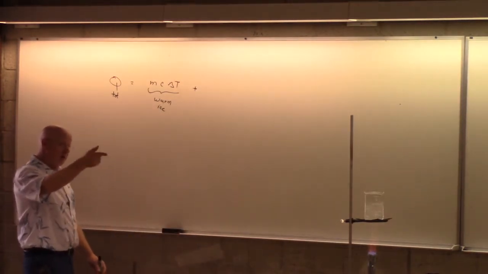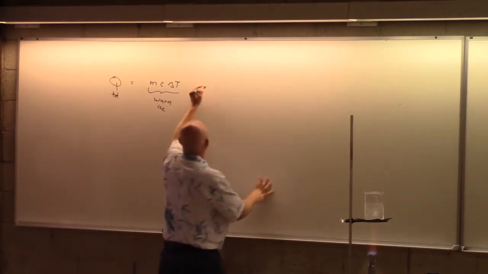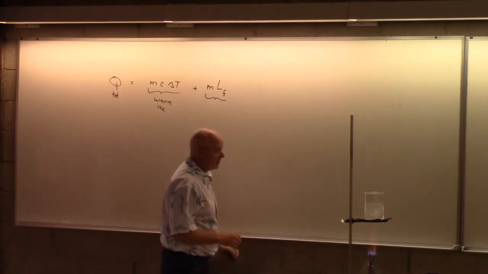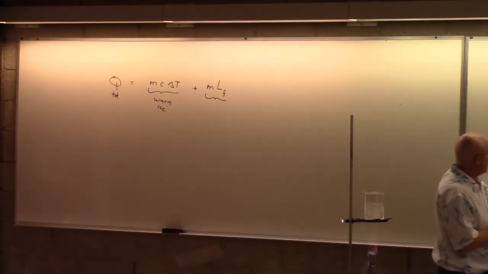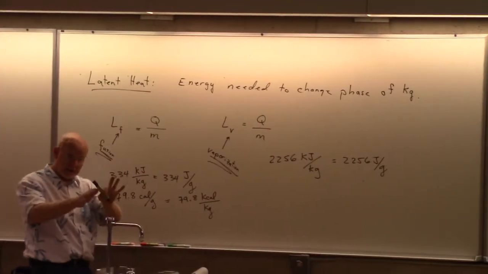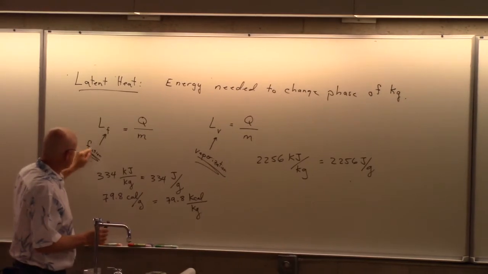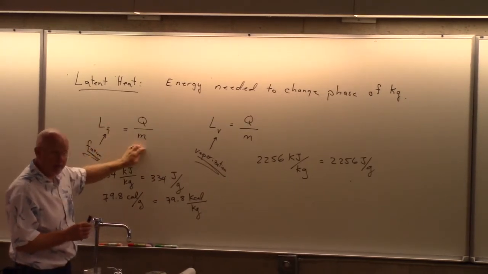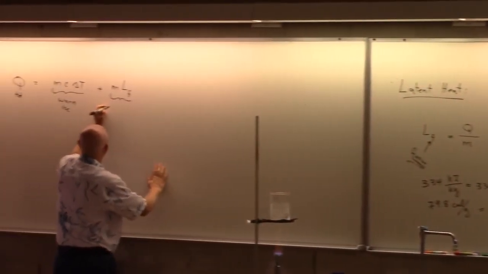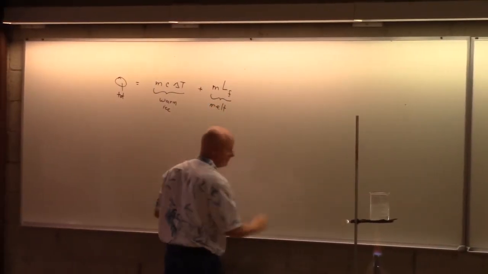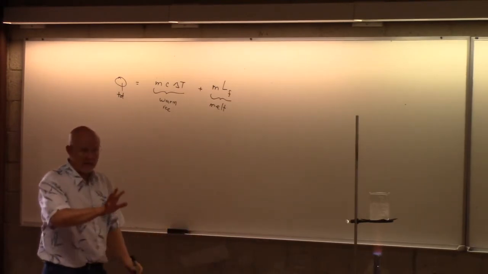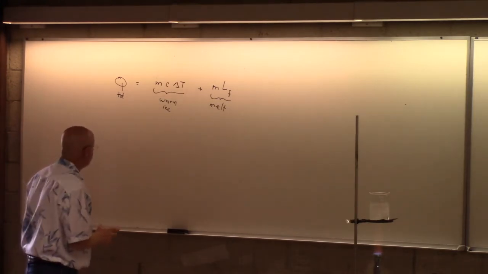And after I warmed the ice, I would then have an m L_F. See, that's this step right here. To get the amount of heat needed to change it from a solid to a liquid, I need to know what this number is, which is the amount per kilogram, and then how many kilograms I have. And so this would be the energy to melt the ice.